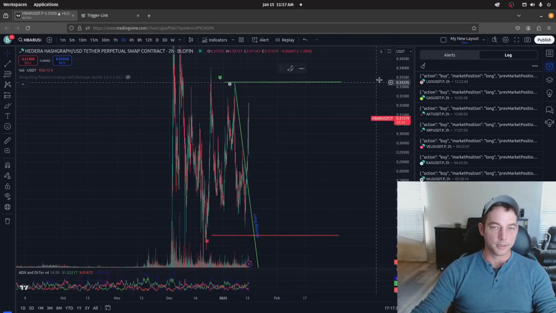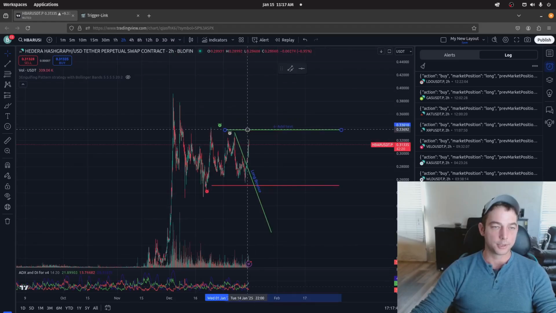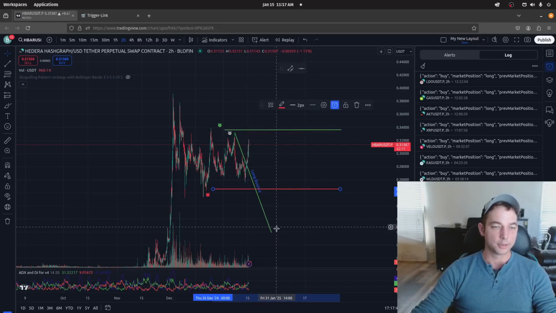Did I do H-bar yet? No, I didn't think so. Okay, so now we are definitely getting to the point of horizontal support and resistance. Looks like it's where it's at.